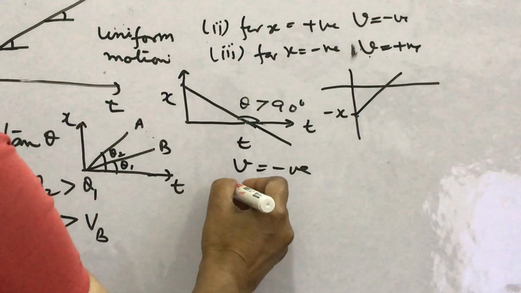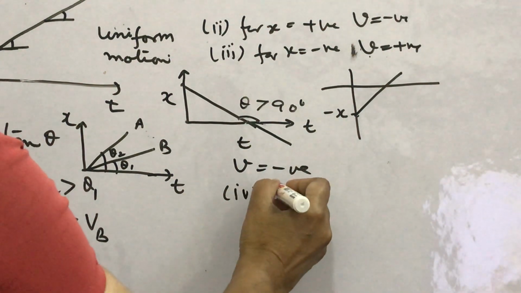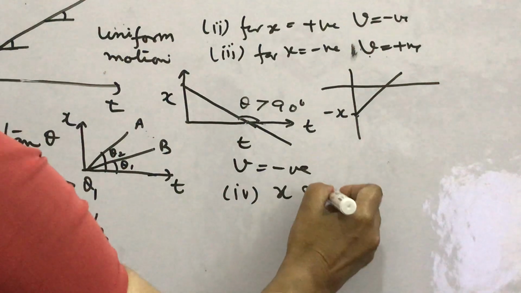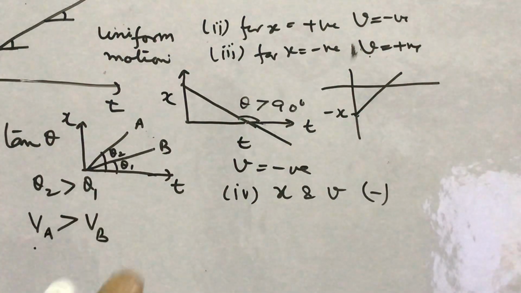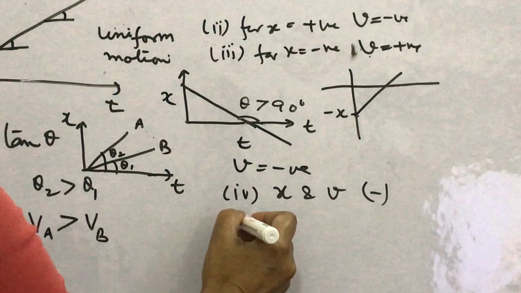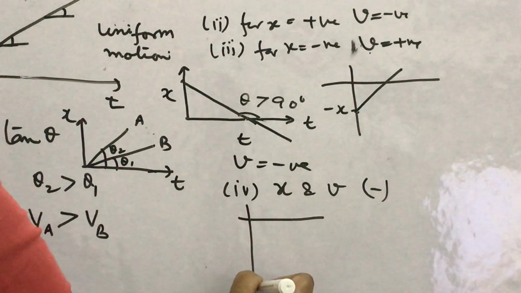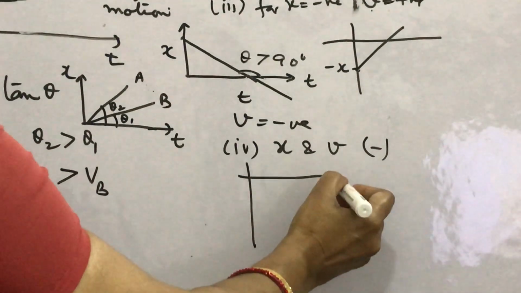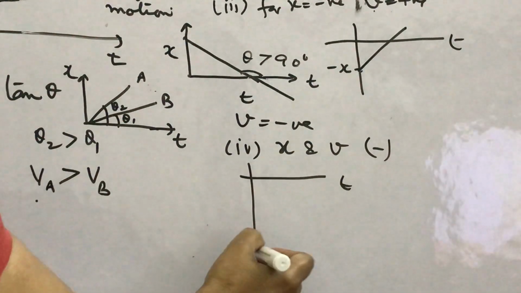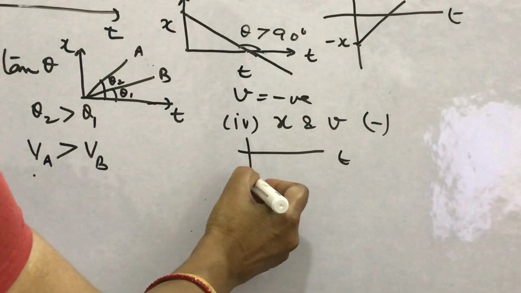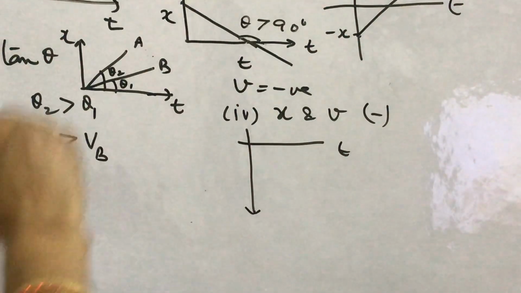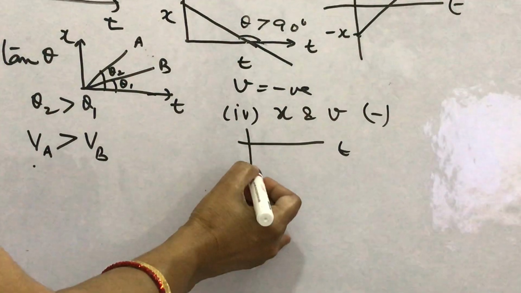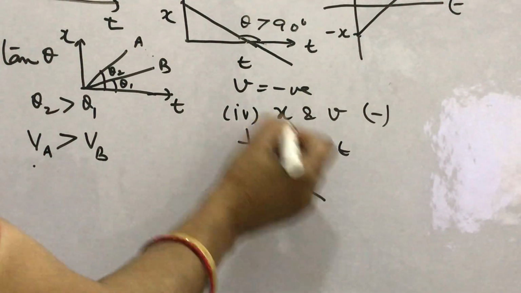Another case, suppose you take the fourth case, x and v both are negative. How will you plot? You take this one quadrant. This is t and this is position. X and v both are negative. Then you will plot the graph like this.